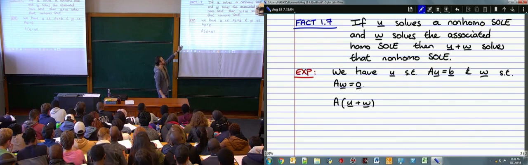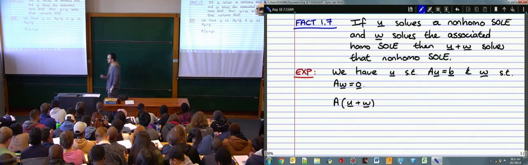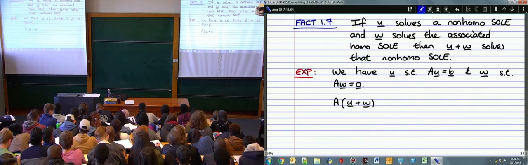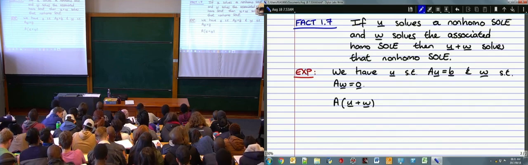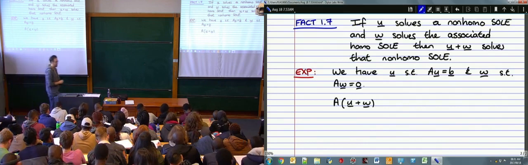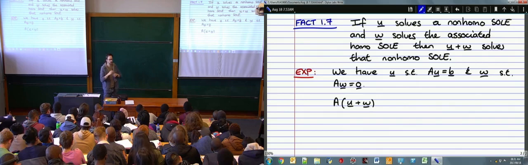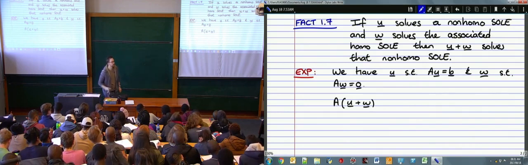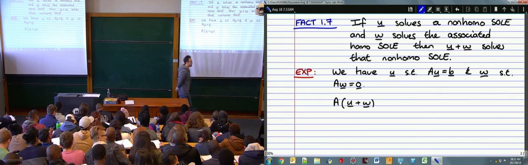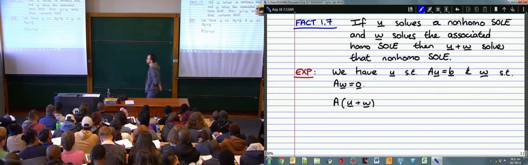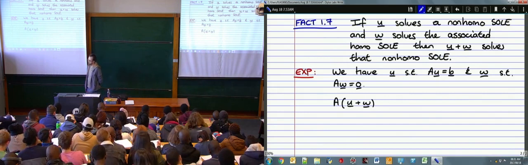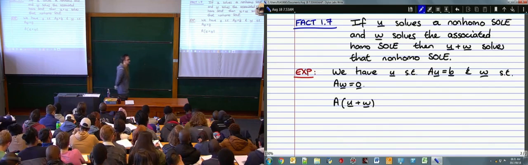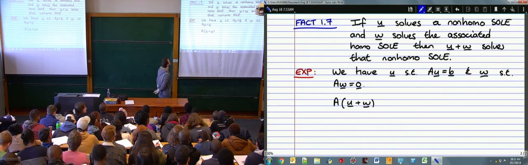All we have is linearity of A and these two conditions on U and W.